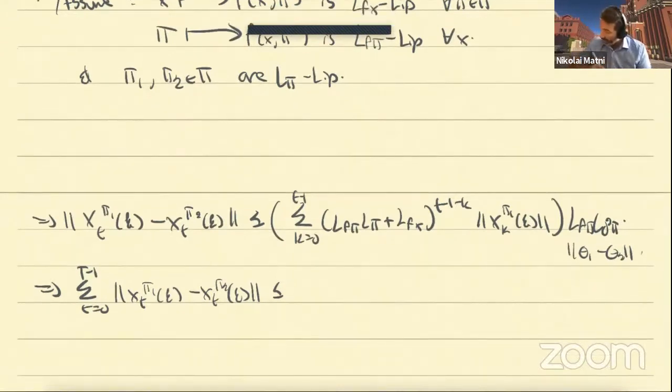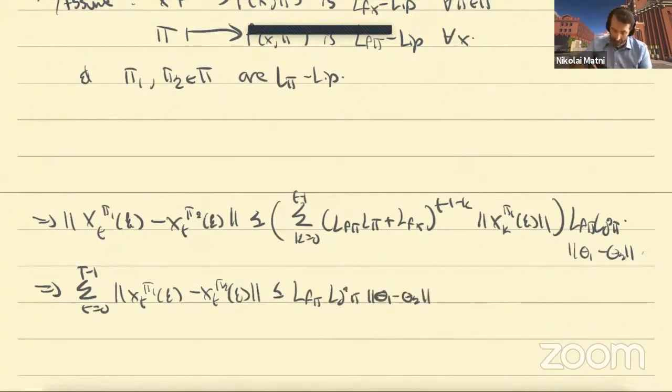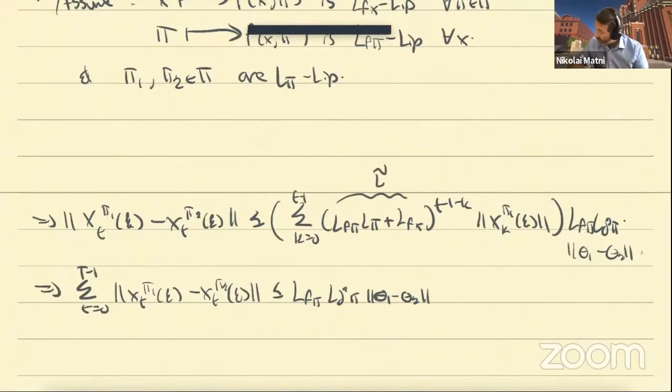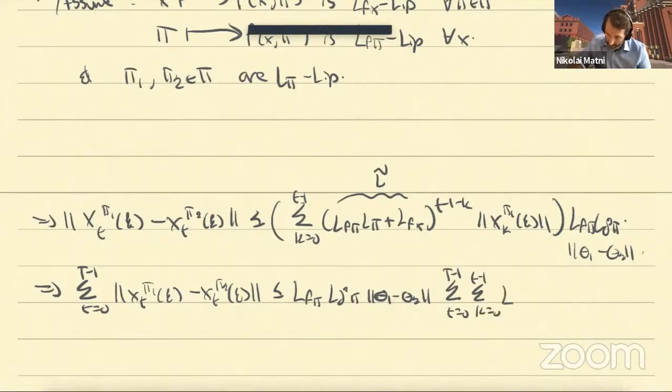So if you put this all together, and this is really the important takeaway, you end up with L_F pi L delta squared pi theta 1 minus theta 2. Let me call this whole thing here just L tilde, times the sum from t equals 0 to t minus 1, sum over k equals 0 to t minus 1 of L tilde to the t minus 1 minus k times the underlying state trajectory of, say, the first guy.